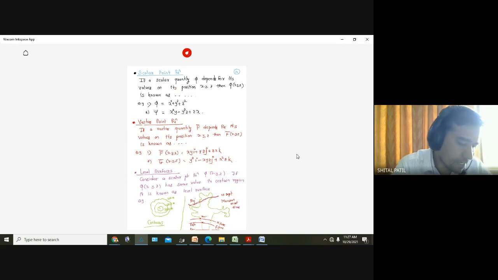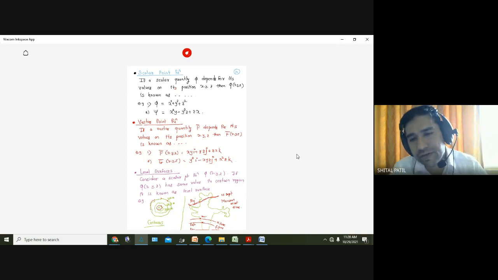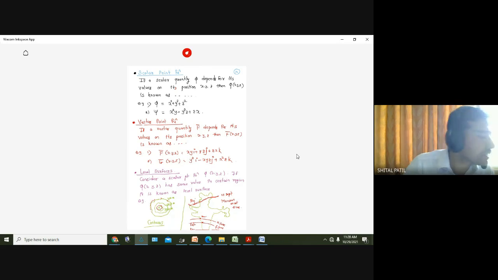This is a level surface, right? This contour is one of the level surfaces. Everywhere on this contour, the height is 100 meter. If you take the innermost contour, the height is 300 meter everywhere. I think you know all these things very well. So they are known as the level surfaces. Okay, no problem. Let me continue.